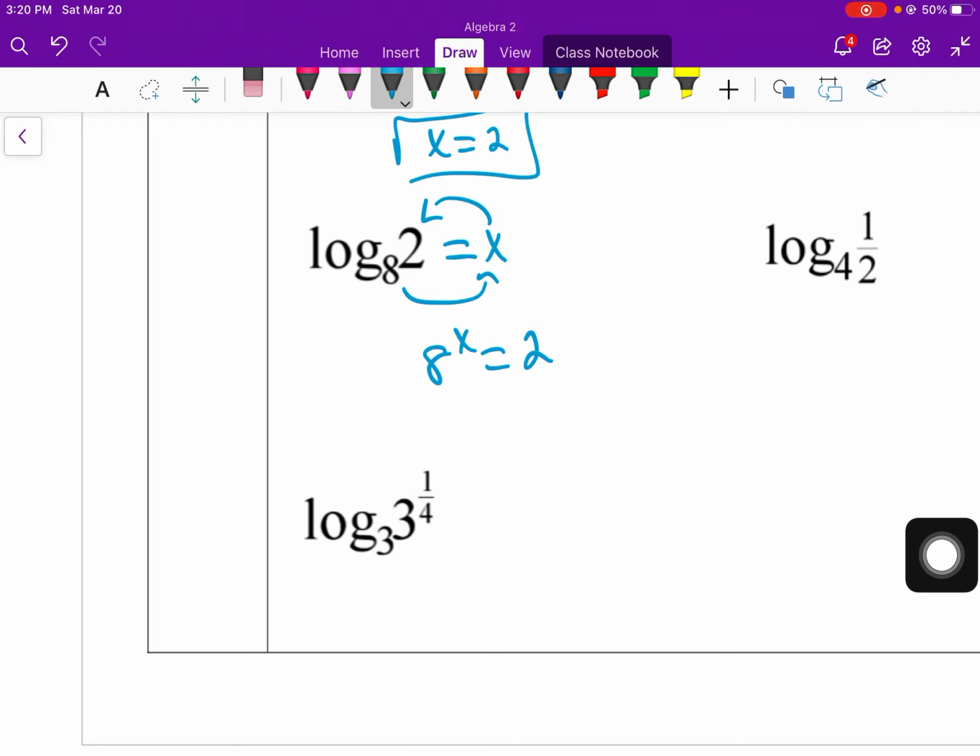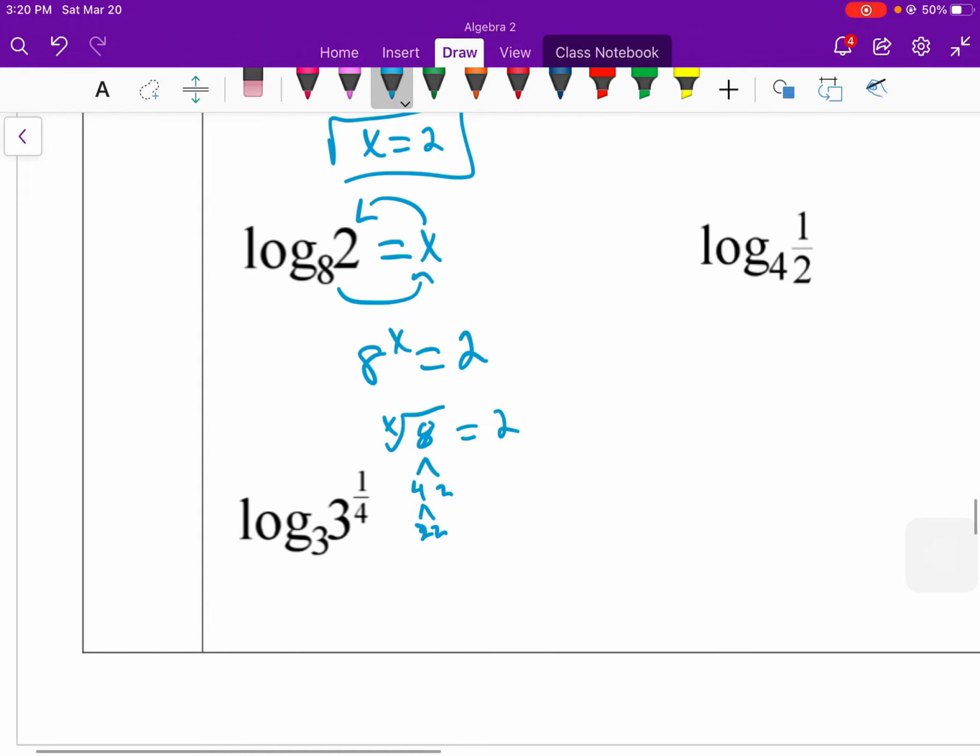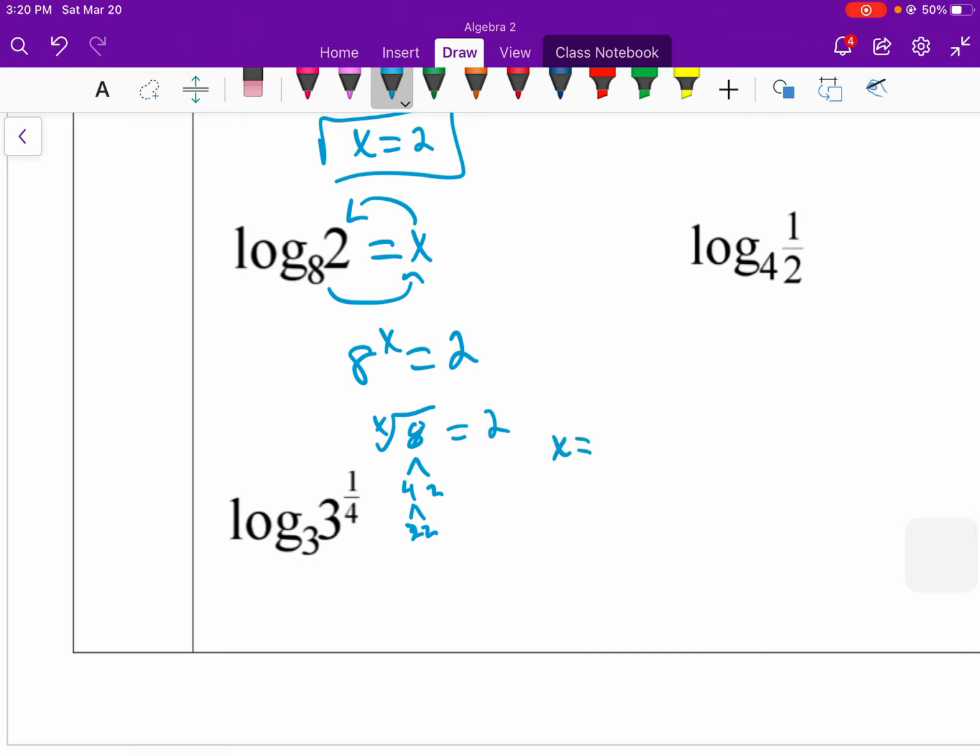So if we look at the x root of 8 equals 2, well, now it becomes a little more clear because we need 3 factors of 2. So x is going to be a fraction where it's the third root. So that's what we're kind of looking for with these review problems.